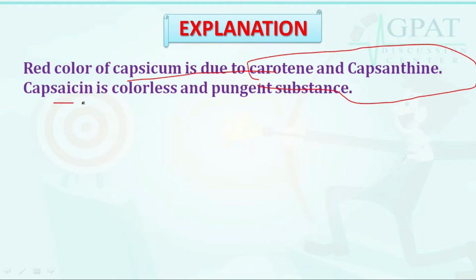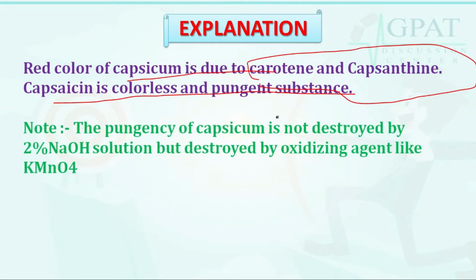Capsaicin is a colorless and pungent substance. So how will we remove the pungency? The pungency of capsicum is not destroyed by 2% NaOH solution, but is destroyed by oxidizing agents like potassium permanganate, KMnO4. So this is all about the question. The correct answer is both.